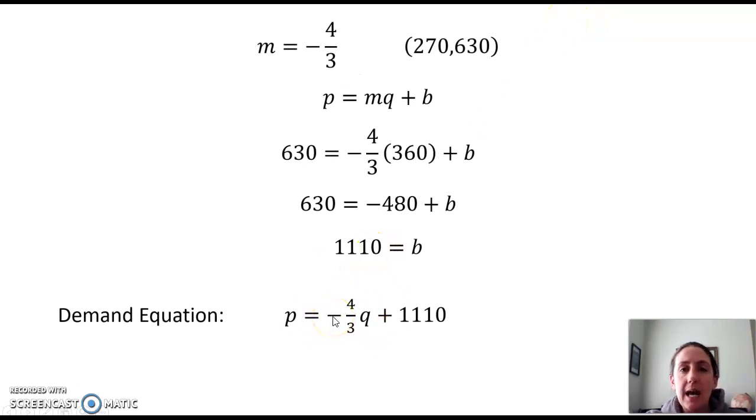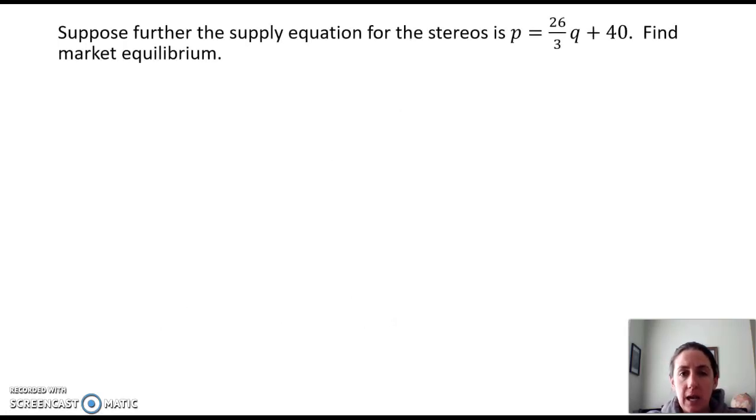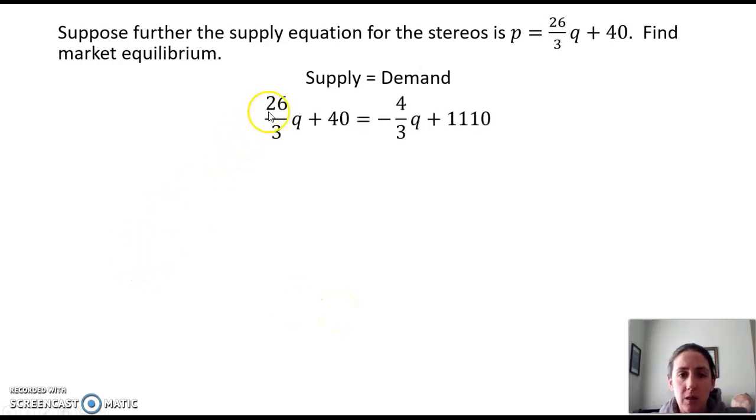In order to set two equations equal to each other, they have to be in the same form. Notice this is P equals, and this is P equals. So then, since I know P equals A and P equals B, that means that A must equal B. So that tells us that 26/3 Q plus 40 must be equal to negative 4/3 Q plus 1110.